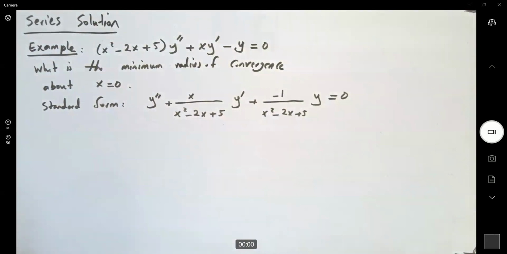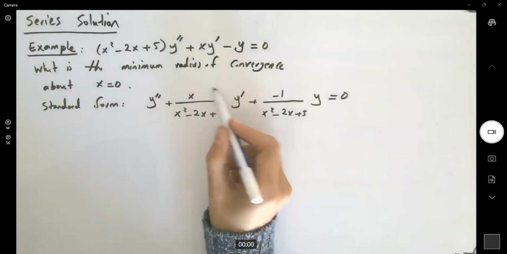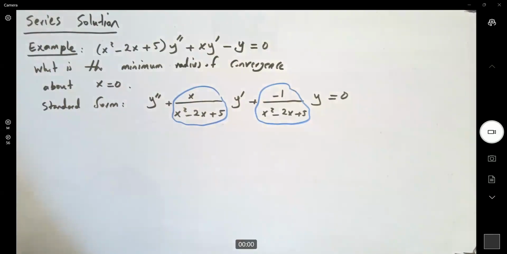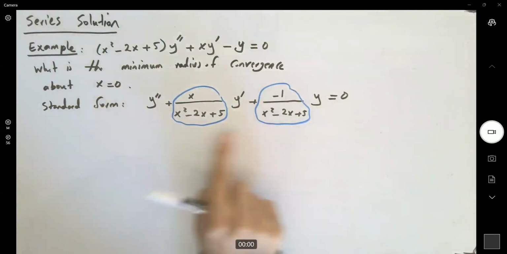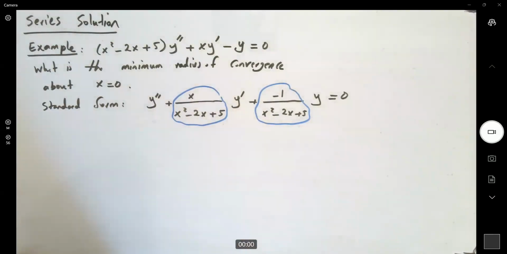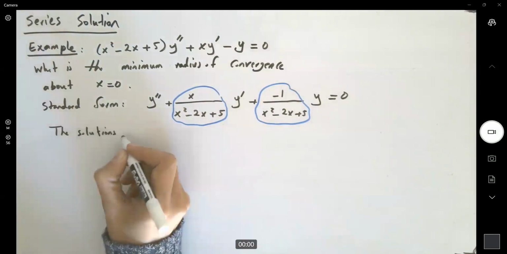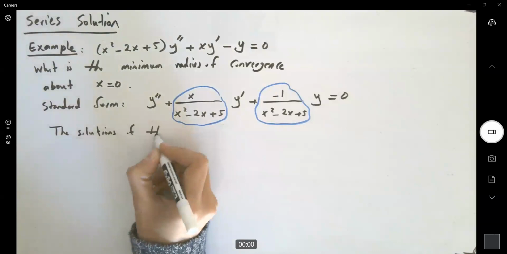So now you're dealing with these two rational functions. Since these two are rational functions, we need to find the singular points as the solutions of the denominators.